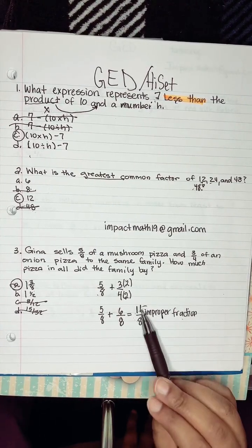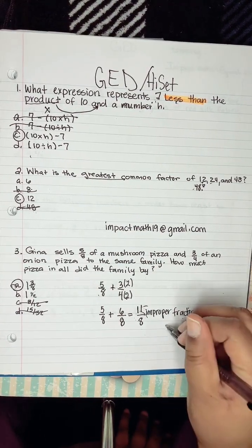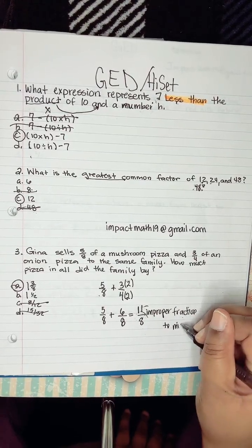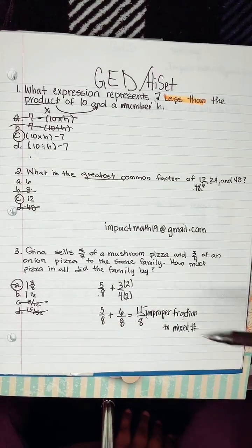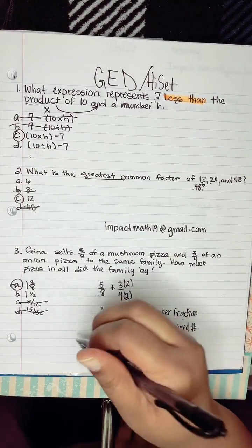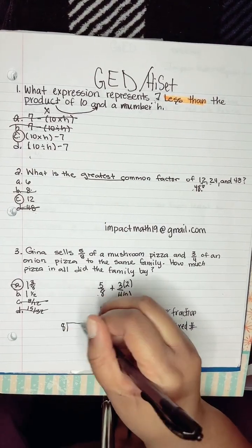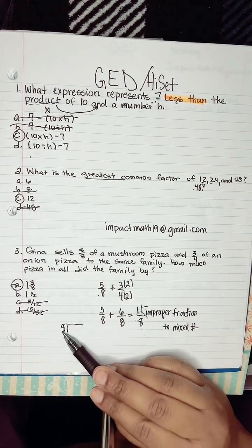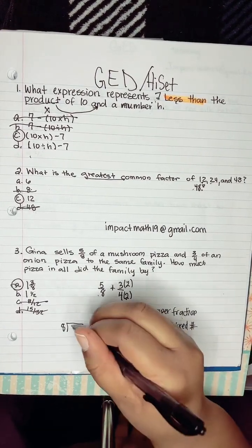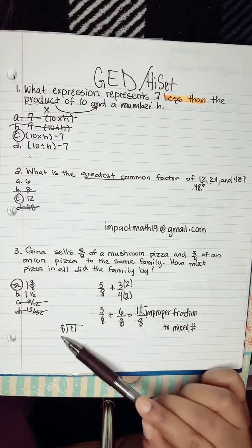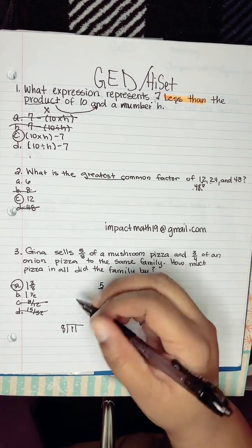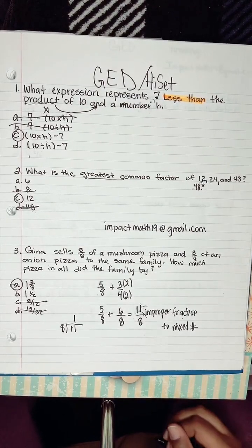And when you want to change this improper fraction to a mixed number, because that's what this is, a mixed number, we divide this. So we take 8 on the outside, the denominator goes on the outside, the numerator goes in the inside. And then we ask ourselves, how many 8s can fit into 11? 1 8 can fit into 11.